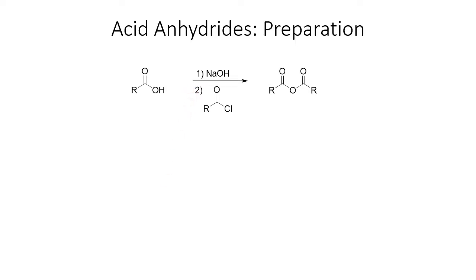Now the way this mechanism is going to work is we're going to start with the carboxylic acid, and when it's treated with sodium hydroxide, which is a strong base, we're going to remove the acidic proton. And we will form our carboxylate ion.